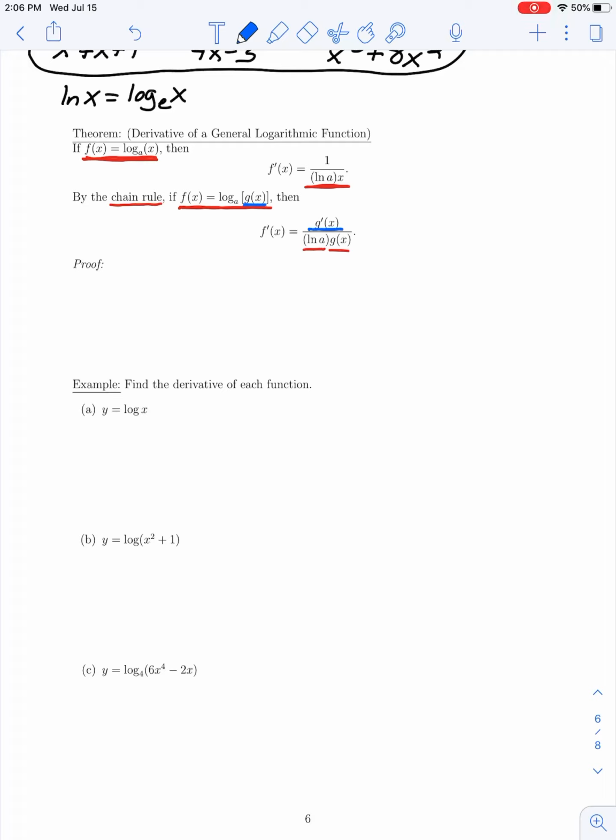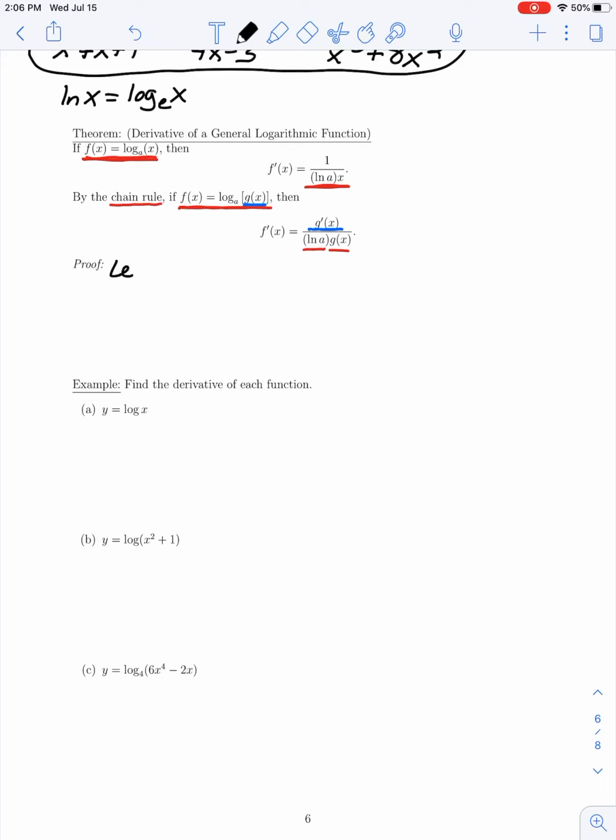So this is very similar to what we saw for the natural logarithm. The only difference is if we have a base a logarithm, we have to multiply our denominator by the natural log of the base. So let's see why we have to do this.